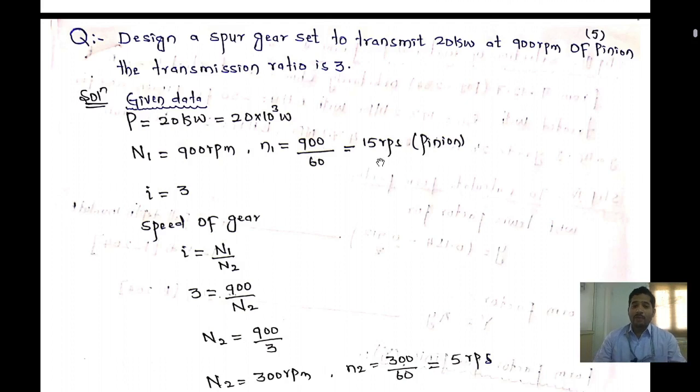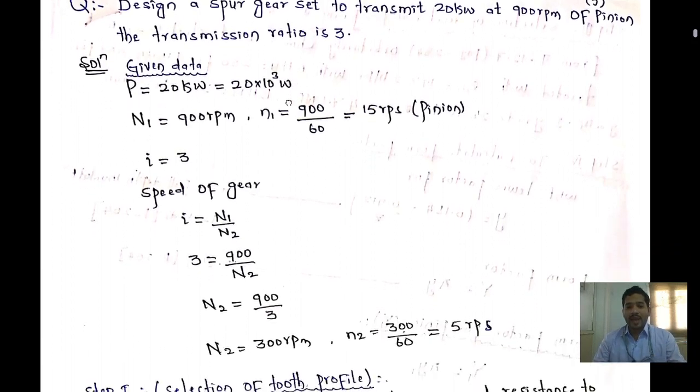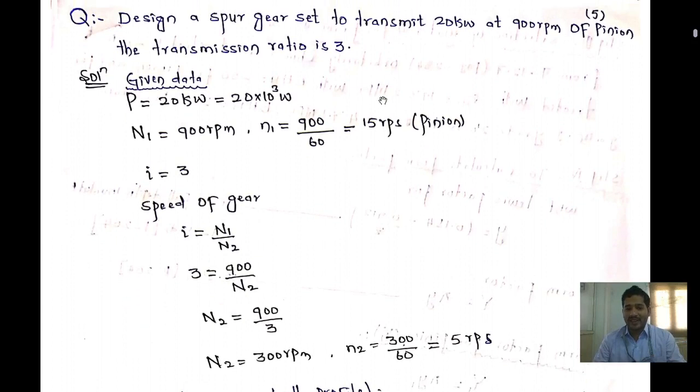This 15 rps is the speed of the pinion. Because N1 is given, we need to find out the value of N2. And the transmission ratio is given as 3, represented by I equal to 3.